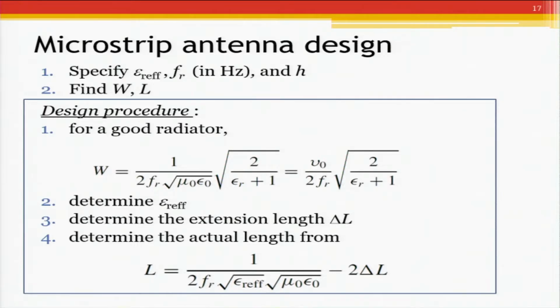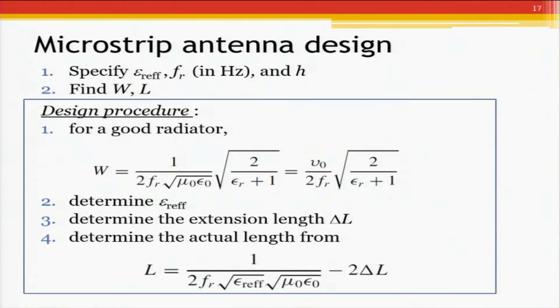So let's assume you want to build this microstrip antenna. What do you need to know? The first thing is the operating frequency. Then you need to buy some substrate. In the data sheet, commercial substrates usually provide the dielectric constant, epsilon R, and they come with a certain exact thickness.